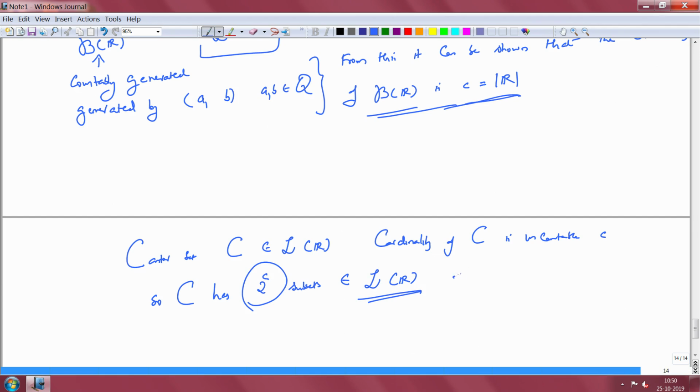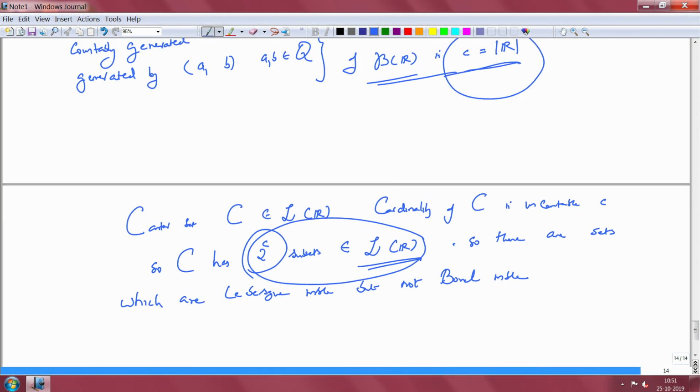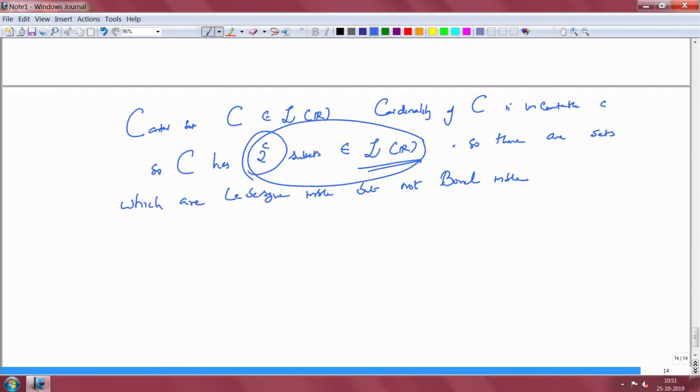So, from this cardinality argument, there are sets which are Lebesgue measurable but not Borel measurable, because here you have only c many sets, but for L of R we have 2 to the c many sets. So, there are too many sets which are not Borel, but Lebesgue measurable.